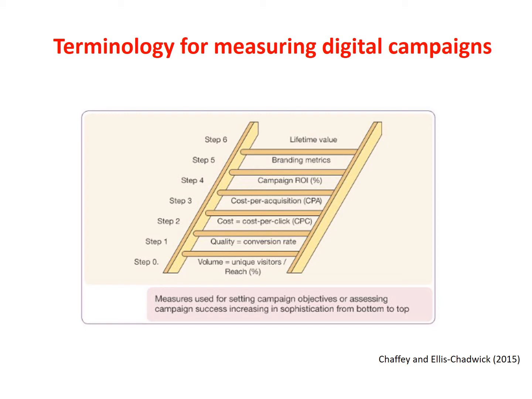The next step, step 2, we're looking at the cost per click, and then CPA, the cost per acquisition, campaign return on investment, ROI, branding metrics, step 5, and then step 6 is the lifetime value of the customer. So these are the measures used for setting campaign objectives or assessing campaign success, increasing in sophistication from bottom to top.